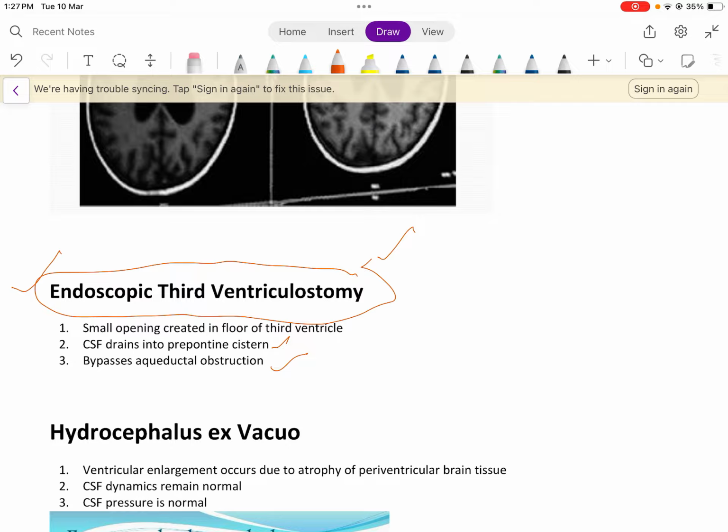So this you will do in cases of aqueductal stenosis. You create a small opening in the third ventricle, and that will directly drain into the cisterns. So the CSF will directly go into the prepontine cistern bypassing the aqueductal obstruction.